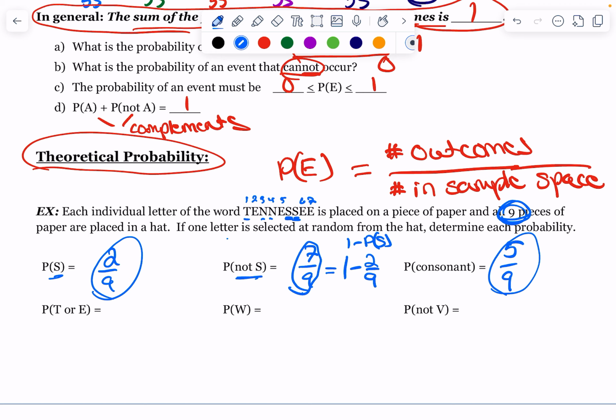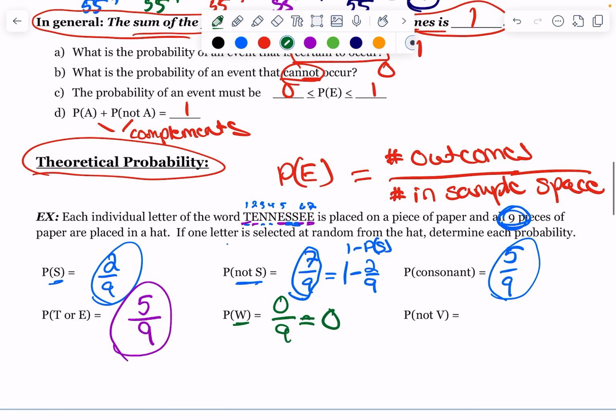Okay, probability of T or E. So we've got 1, 2, 3, 4, 5 T's and E's, and still 9 letters, so it's 5/9. Next, probability of W. Well, do we have any W's in the word Tennessee? No, we don't. So that's going to be a 0 over 9, which is 0.